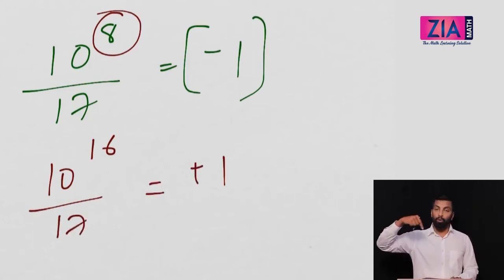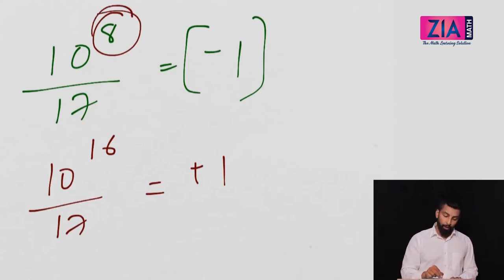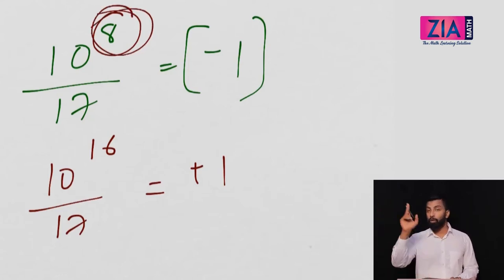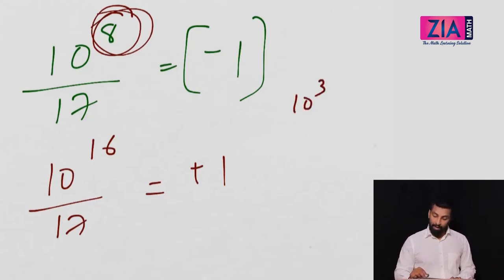Now the next multiple of 8, that is 24, by 17 will give you -1, then +1, -1, +1. So you understood, you need to group into groups of 8 and put plus minus. Earlier in case of 7, 10 raised to 3 by 7 was -1, so group into groups of 3, then plus minus. Here group into groups of 8, plus minus.